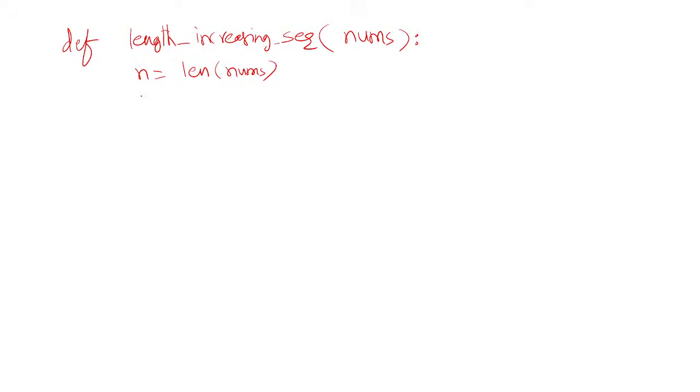Okay, so then what we do is we create an array. Tabulation method, we use an array. Okay, so initially we'll store all ones. The length of this array should be equal to the length of nums here. Okay, so this lis should be equal to length of nums here. So 1 multiplied with n, the meaning is store all ones in this array.